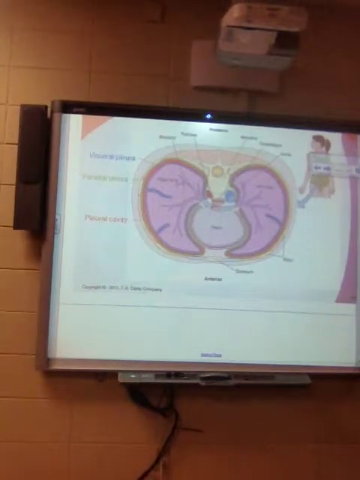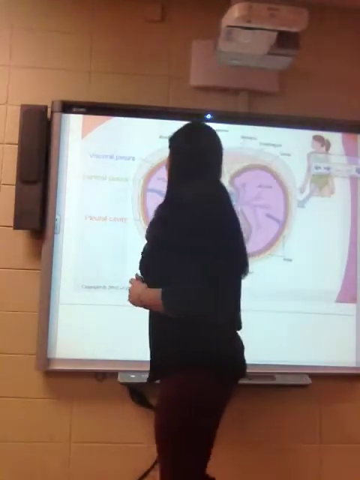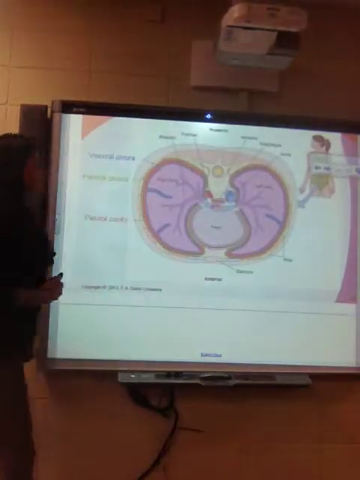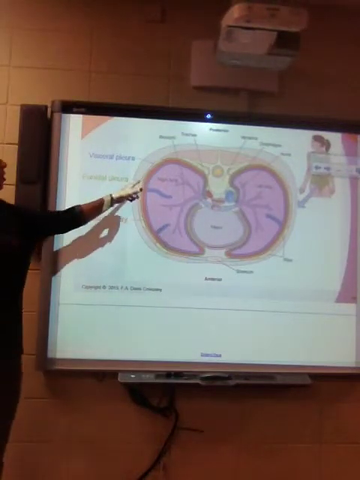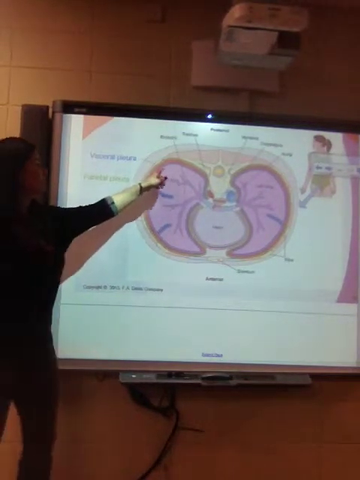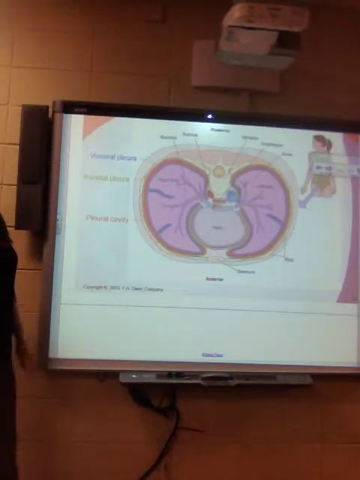Remember when I talked about those visceral feelings? That's like a gut feeling. So try to remember that all of those pleural membranes, if it's a visceral pleura, then it's sitting right on top of the lung. So it's this blue line here. So that would be a visceral pleura.